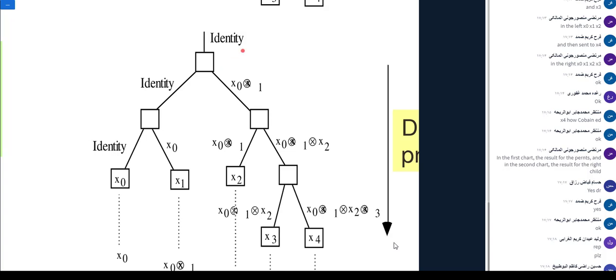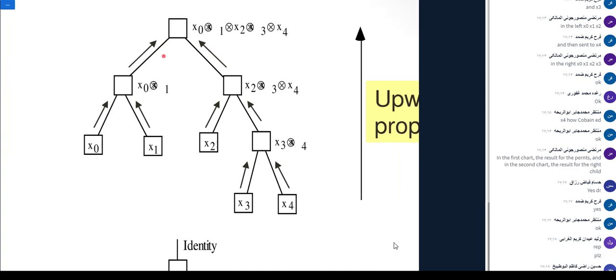but the combination of the previous left. What was the previous left? This was the previous left: X0 symbol X1.